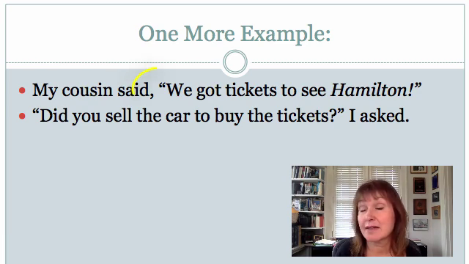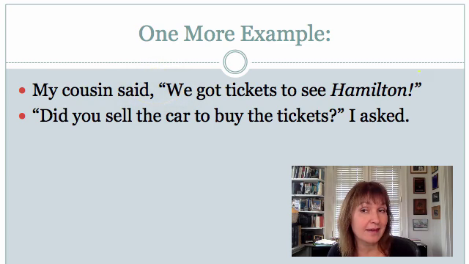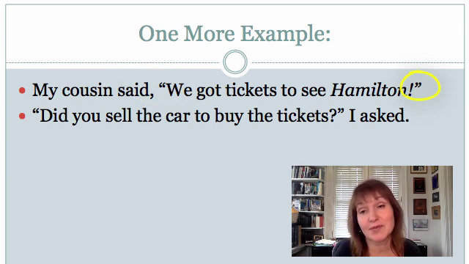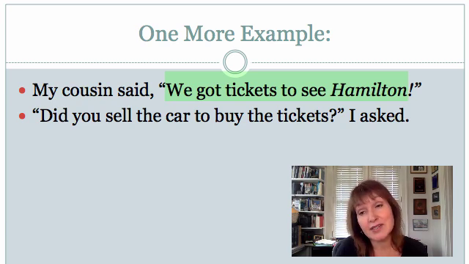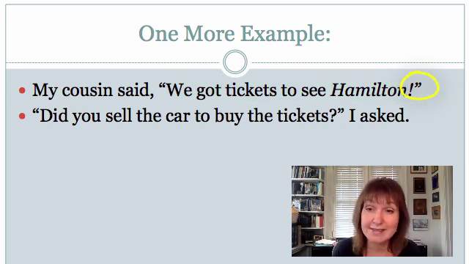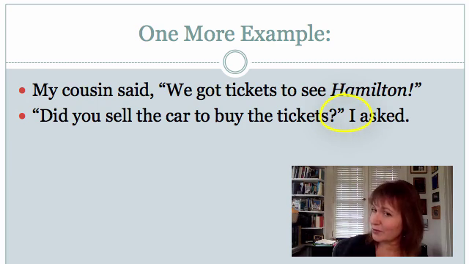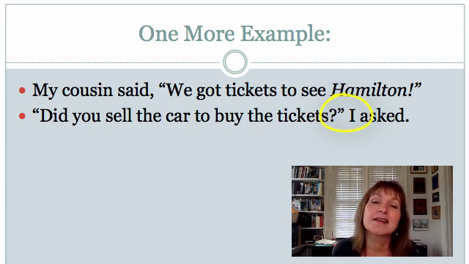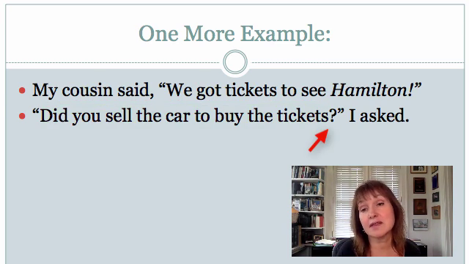My cousin said, "We got tickets to see Hamilton!" The material inside the quotations is an exclamation, so that exclamation mark stays right inside. In the second sentence, "Did you sell the car to buy the tickets?" I asked. In that particular sentence, you can see that the material in the quotations is a question, so that question mark needs to live inside the quotation mark.